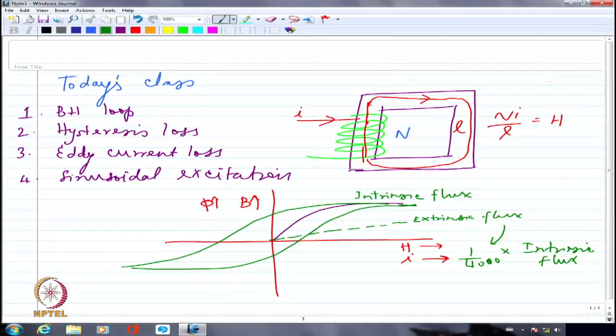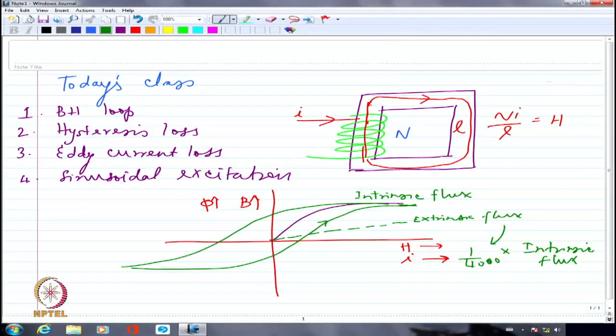Now, when some of the domains are aligning further and further, it is traversing this portion of the curve, right? So at that point in time, whatever is the current that I am applying to this wire which is wound around the ferromagnetic core, that current multiplied by whatever is the voltage that I am applying, that is the instantaneous power I am inputting to the circuit.